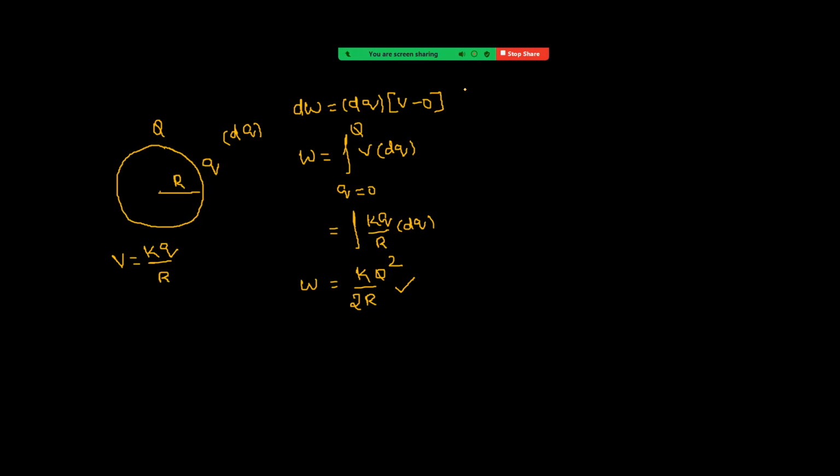Let us now discuss the same thing for a solid sphere. Here we have taken charges only on the surface. This is a thin shell, charges only on the surface.